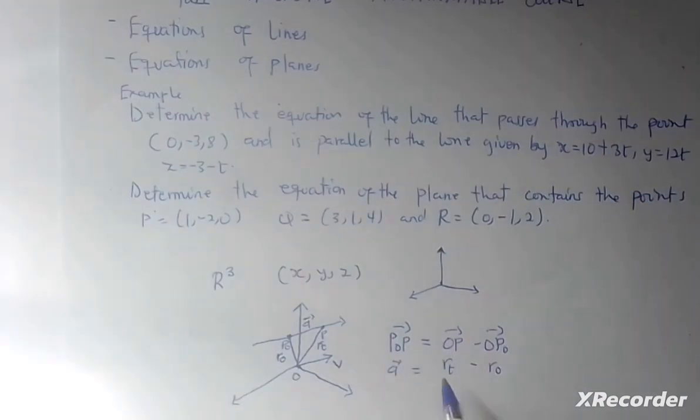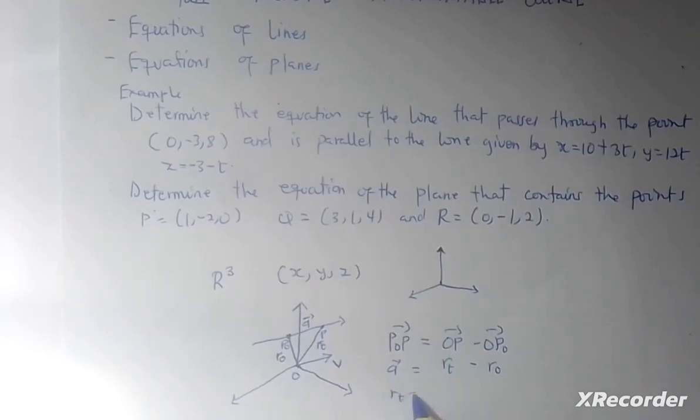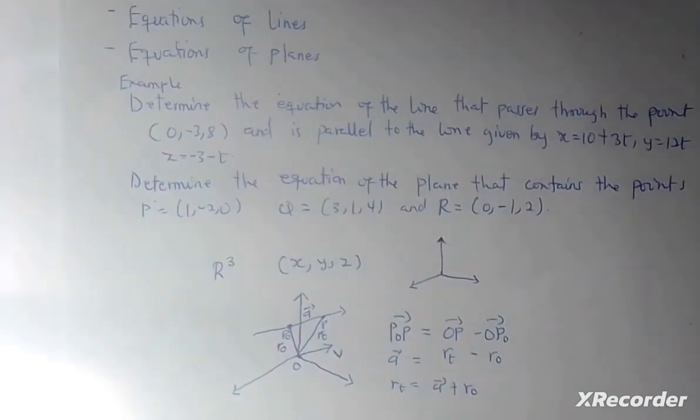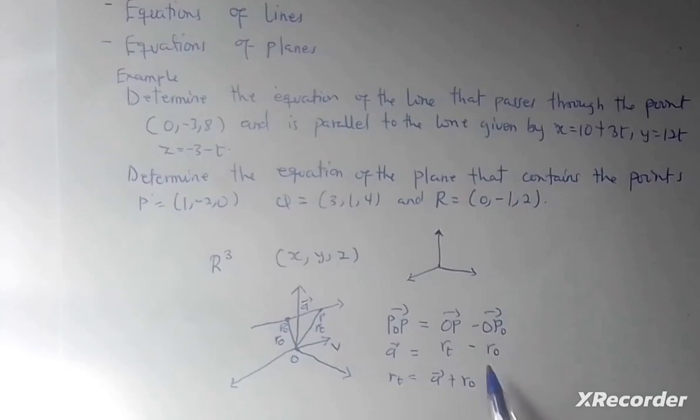So if I want to find OP, that is my R(t), it will simply equal vector A plus R naught. So this P will be any arbitrary point on the line, where this P naught, or the R naught here, will be a known point on our line. But this A, which happens to be the direction of our vector, can be gotten from this vector here.